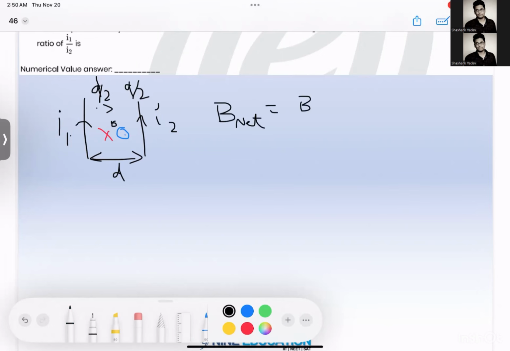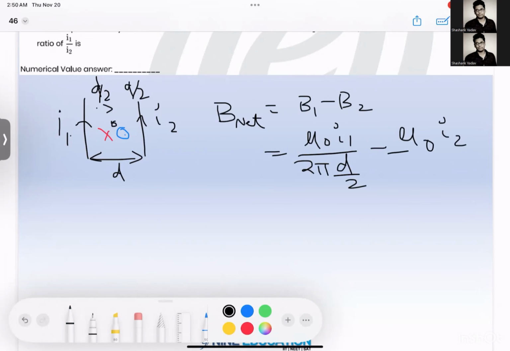Therefore, we will write the net magnetic field is B1 minus B2, and the B1 value is given as mu naught into I1 by 2 pi into distance, that is d by 2, minus mu naught into I2 by 2 pi into d by 2. This will turn out to be mu naught by pi d into I1 minus I2.